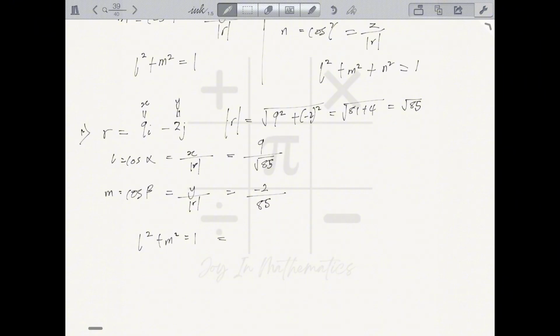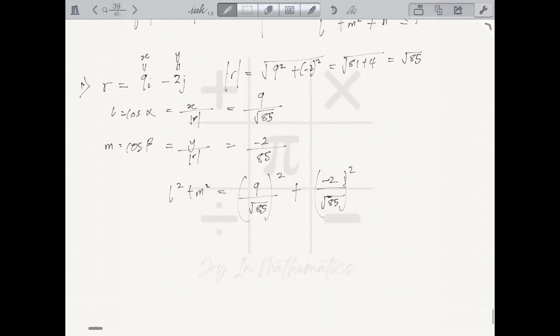Now, if we use our calculator to prove that L squared plus M squared is equal to 1, we can have 9 divided by root 85 all squared plus minus 2 divided by root 85 all squared. We want to prove that this is equal to 1.